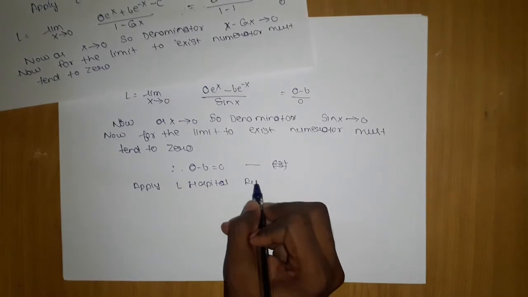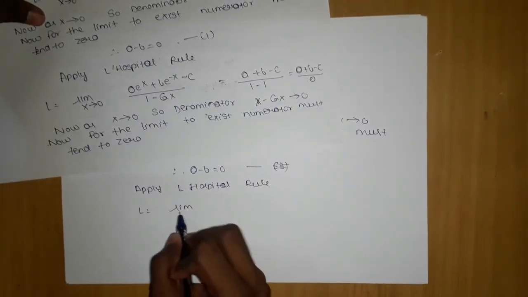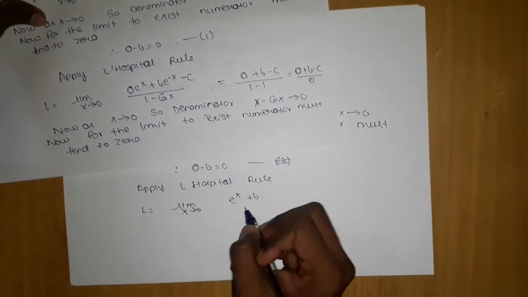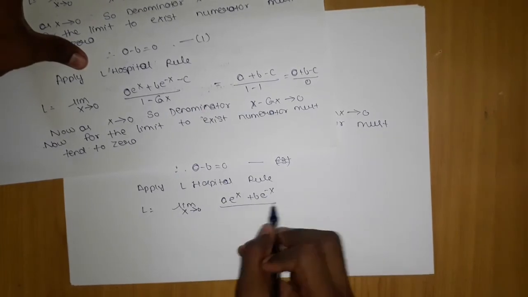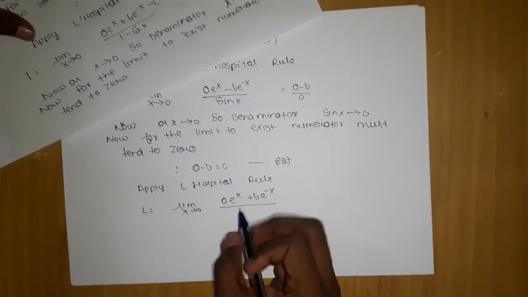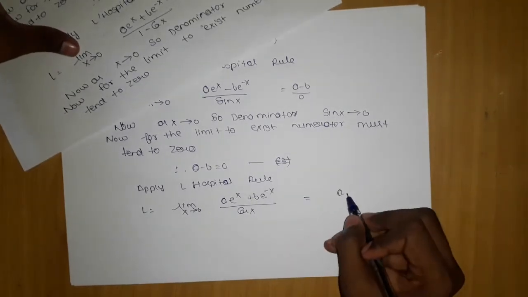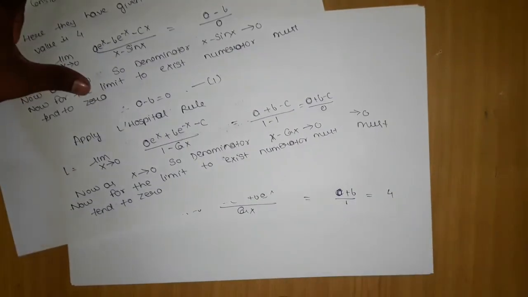Apply L'Hopital's rule. We will get L equals the limit as x tends to 0 of (a e^x plus b e^(-x)) by cos x. If I substitute the value, I have (a plus b) by 1, and it should be equal to the limit which is given, 4.